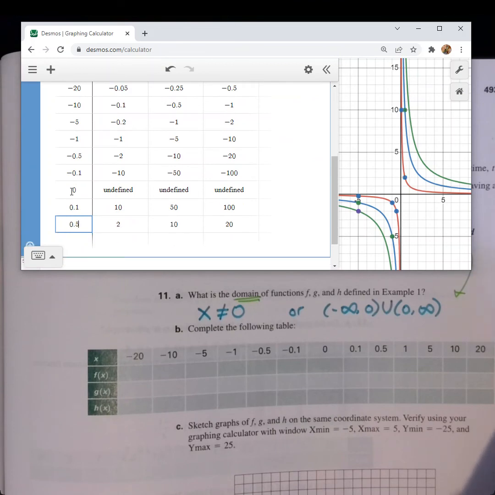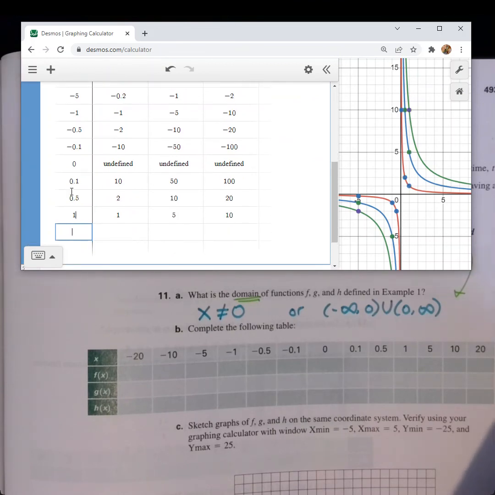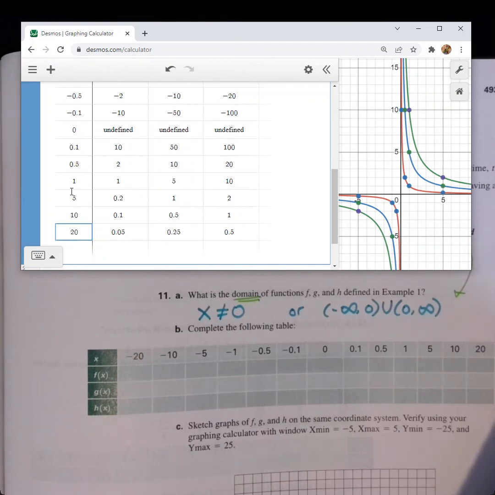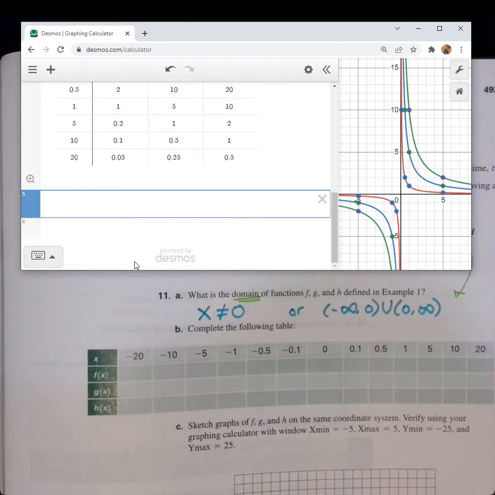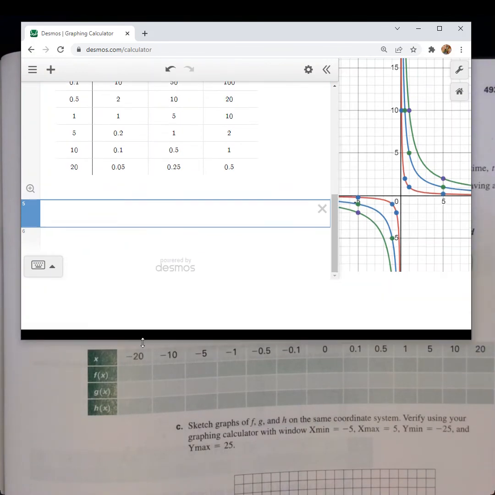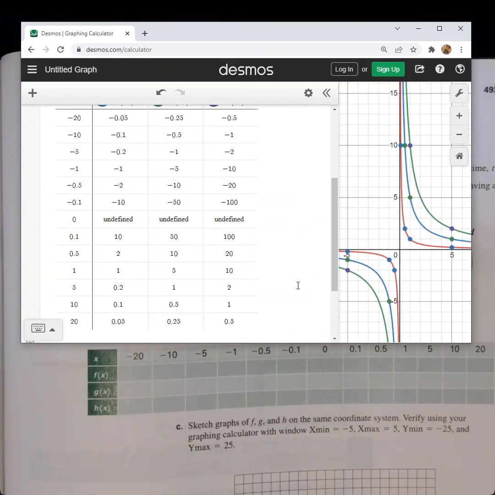Okay, and then I'm going to fill in these values in my book. I'm going to pause after I finish typing them all and just write them down, and then we'll be able to compare. If you want to pause after you get them in, here I can see them all. Just take a minute to jot those values down.